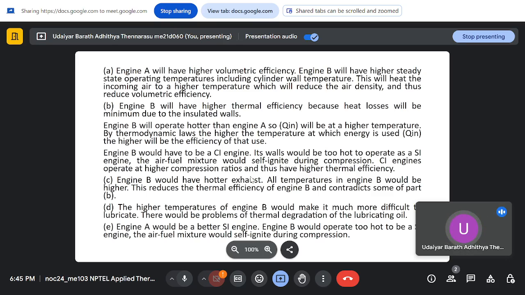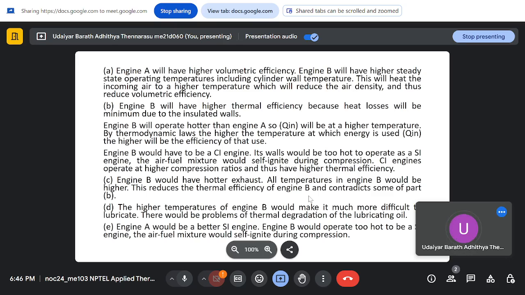There is a possibility of the lubricating oil getting cracked, or thermal degradation of the oil. Normally in engines, when you change the oil, you will see the oil becoming black. It is a clear oil when you put new oil into the engine, but when you take it out, the oil is not in that state.